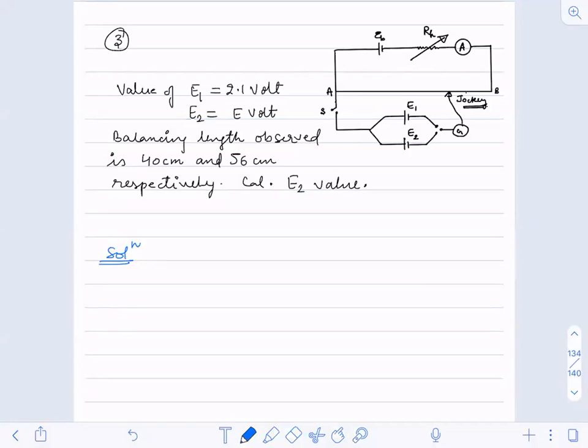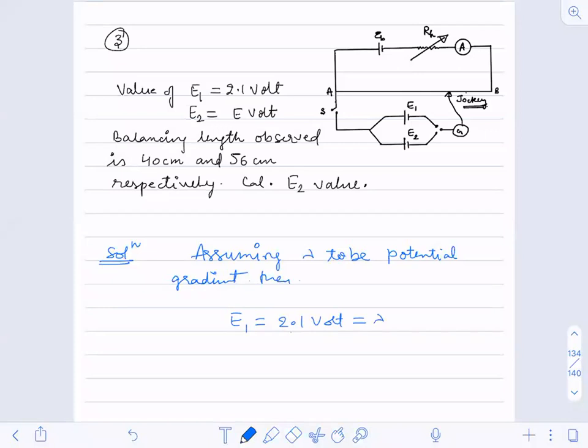So assuming lambda to be the potential gradient, I can write E1, which is 2.1 volt, as lambda into L1, which is 40 centimeter. Then I can write E2 as E equals lambda into 56.